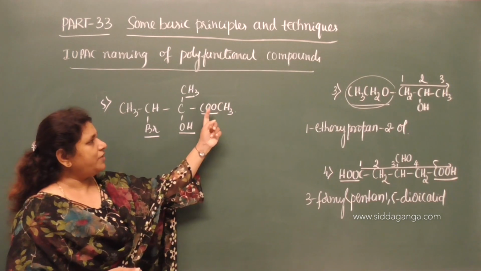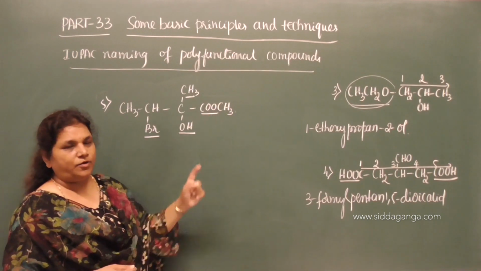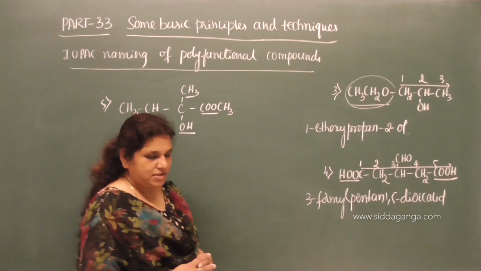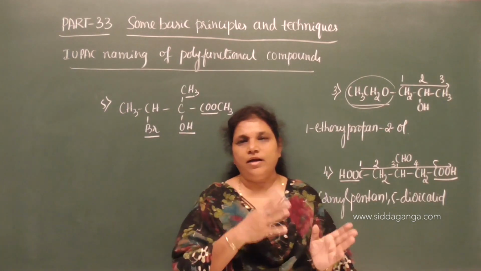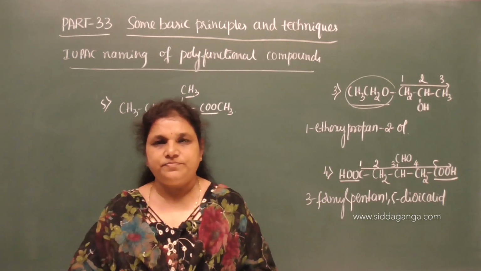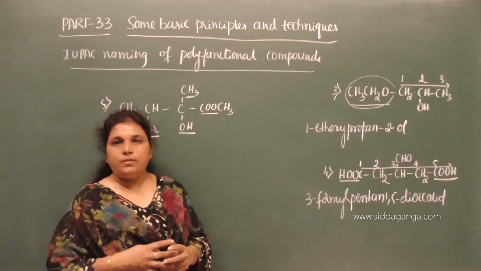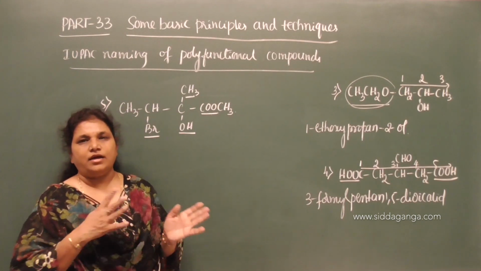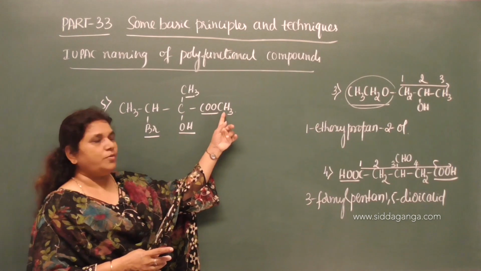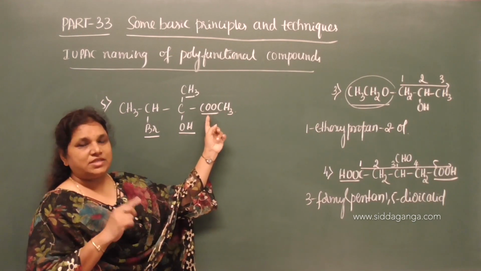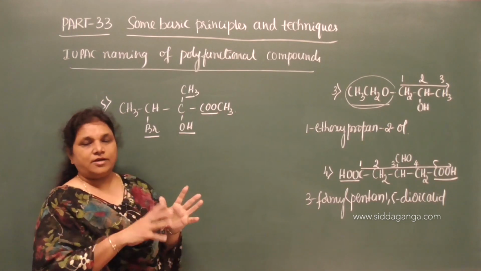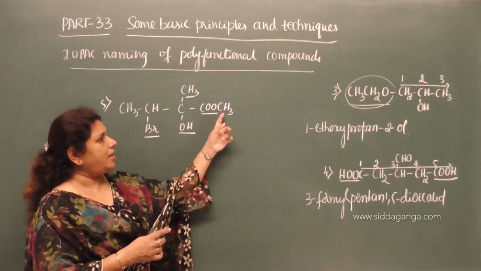So after the COO group we have a methyl group. So esters are always named as alkyl alkanoate. Alkyl group is methyl. Which is the alkyl group? The group which comes after the COO group is the alkyl group.